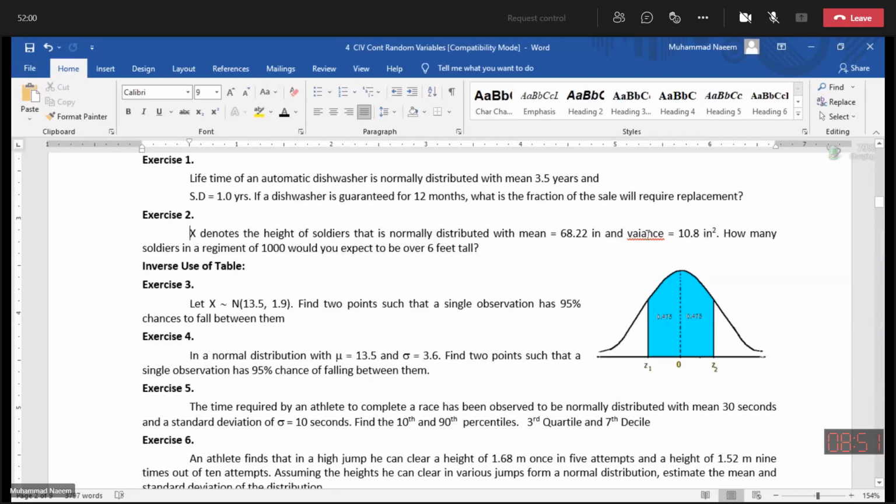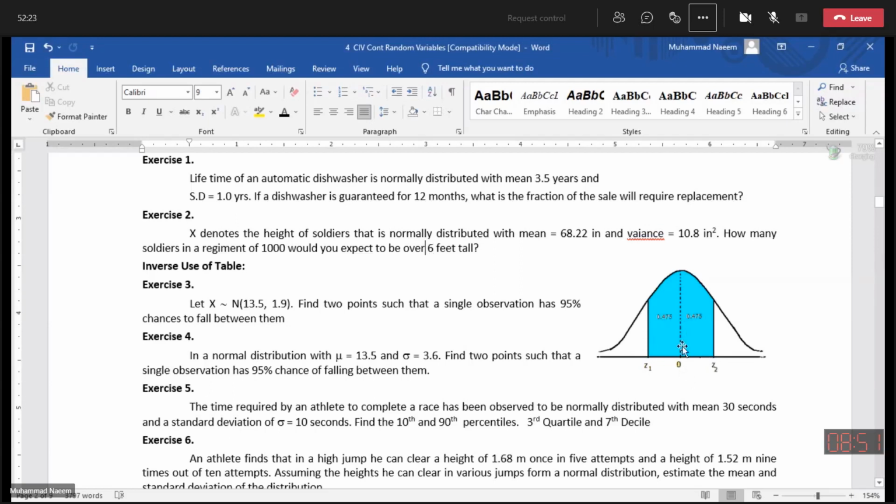As mean and variance are in inches, convert 6 feet into inches. We have 72 inches. So what is the probability we need? We need the probability for greater than this limit. We need over 6 feet, meaning greater than this figure.